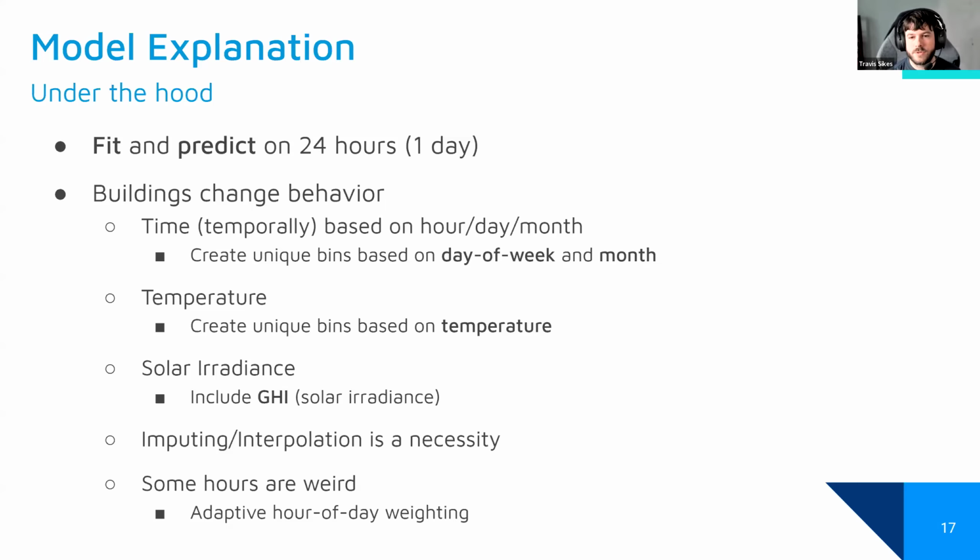The way that the code is actually structured is that we have a data class where it handles all of the imputing, making sure that you have enough data so that you can actually create a valid model, and all of that gets put into the model class. So you, as the user, do not have to worry about any of this imputing or interpolation. That is more of the OpenDSM's problem.